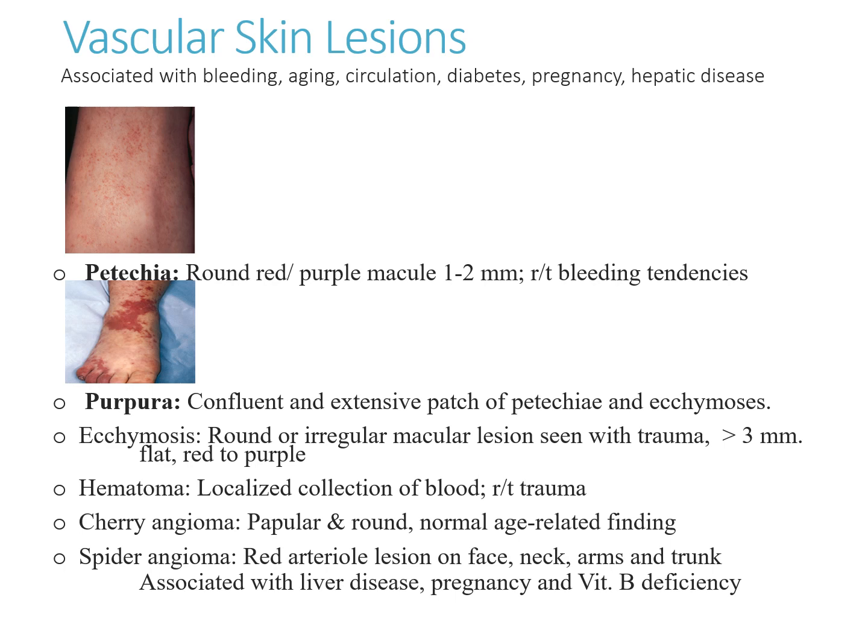So a lot of times with these vessels, the petechiae and the purpura, the petechiae is related to bleeding tendencies, and the purpura is related to maybe macular hemorrhage. The ecchymosis, irregular macular lesions seen with trauma.